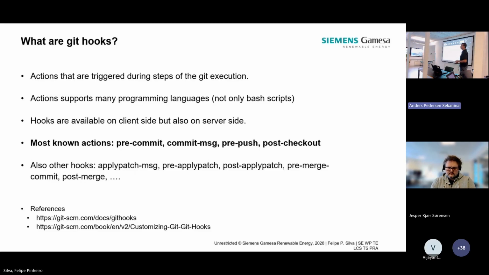And post-checkout: if you change branches or check out a file from another place, this hook will run afterwards. So if you want to load some dependencies or do something like that, post-checkout can be used. And there are a lot of other hooks: applypatch-msg, pre-applypatch, post-applypatch, pre-merge-commit, post-merge, and a lot of them.